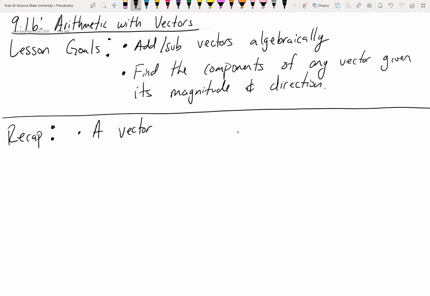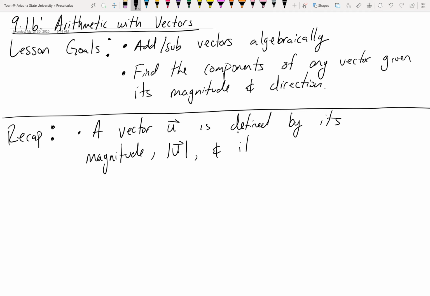A vector U is defined by its magnitude, and the notation we use is absolute value bars, and its direction, and the notation we use is theta. What other important thing did we talk about? We talked about terminal points.